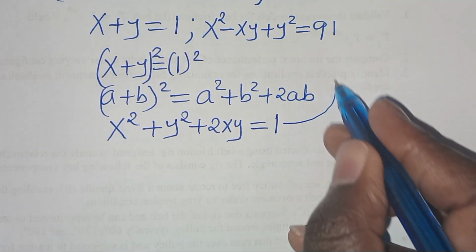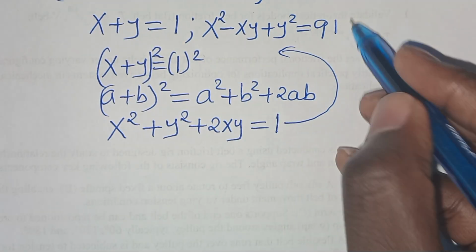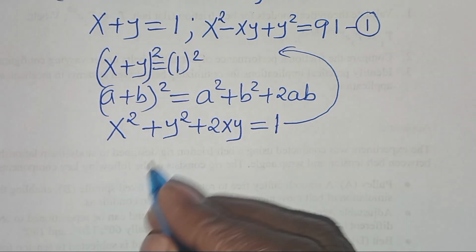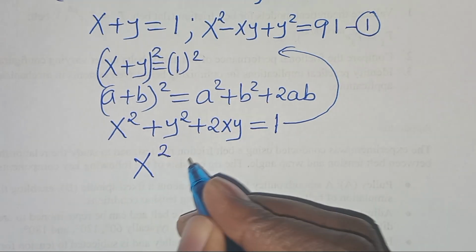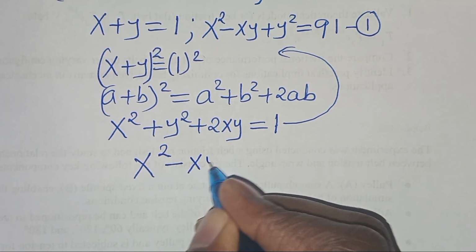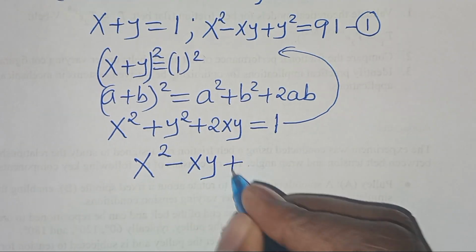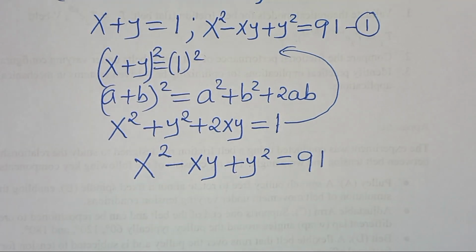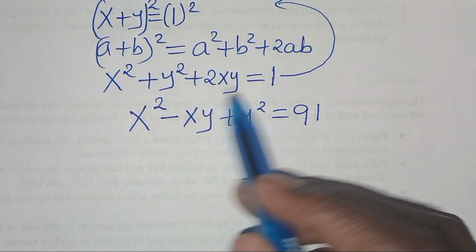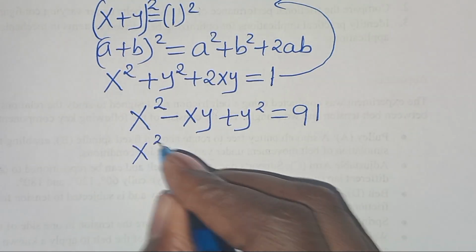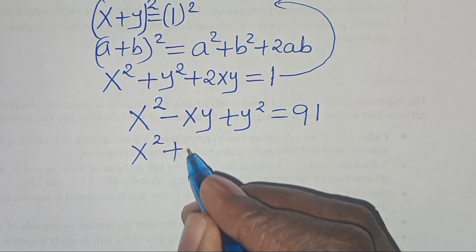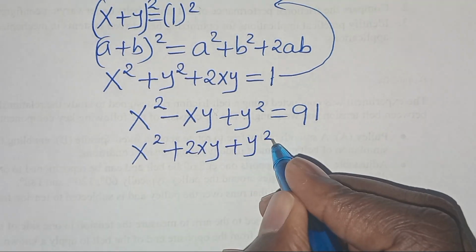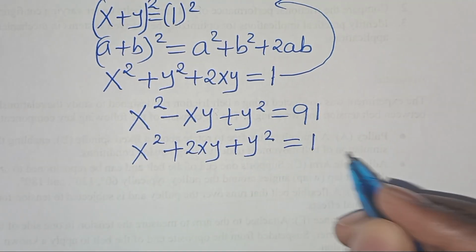So let's compare this first equation with the second equation. We have x squared minus xy plus y squared equal to 91, and we have x squared plus 2xy plus y squared equal to 1.